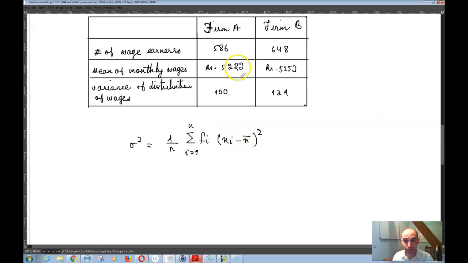So this is the variance of the distribution of wages. That means that these are in rupees, so the unit over here would be, of course, rupees squared.